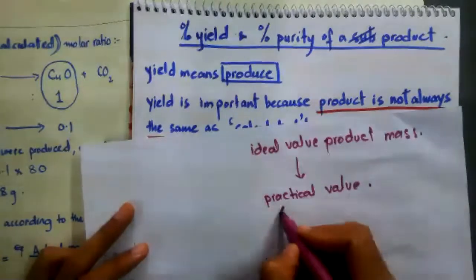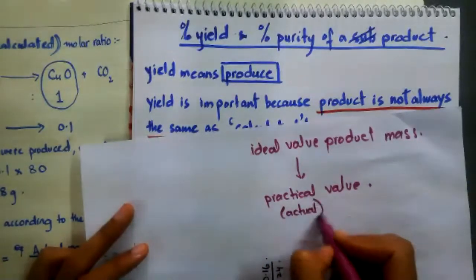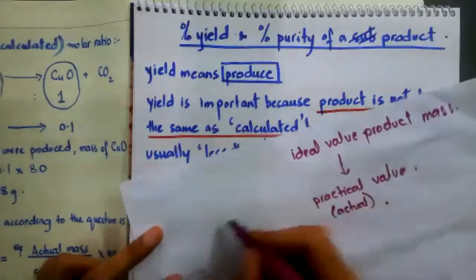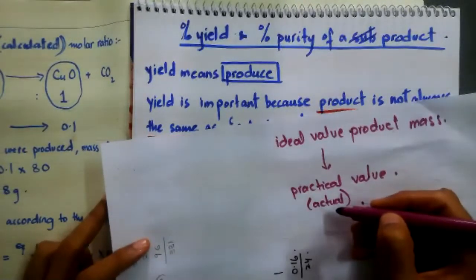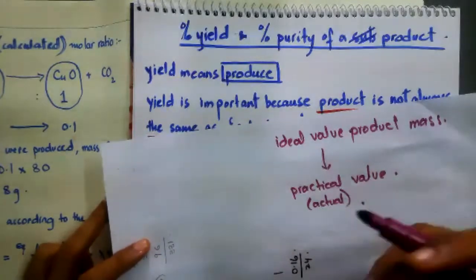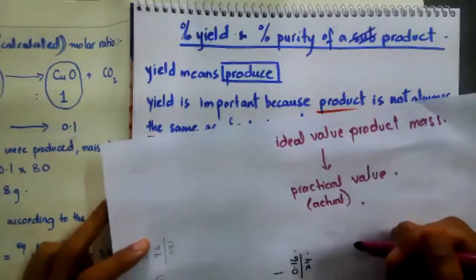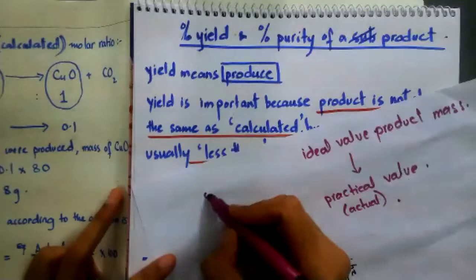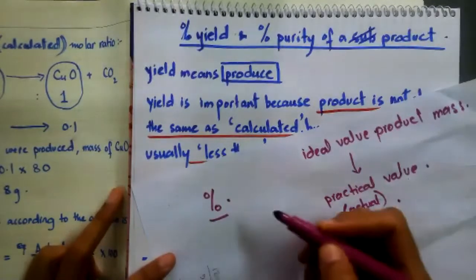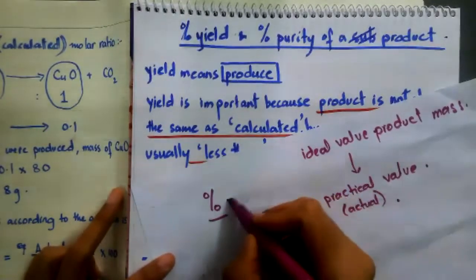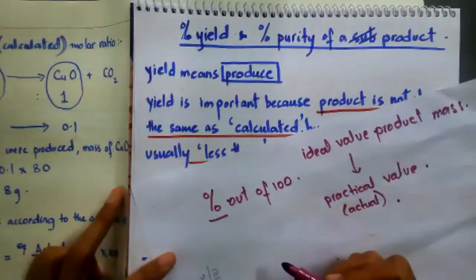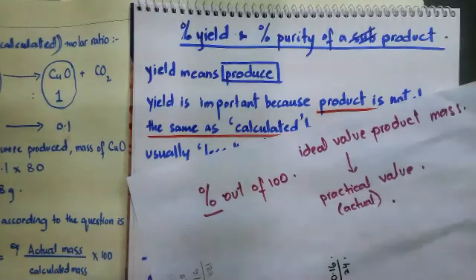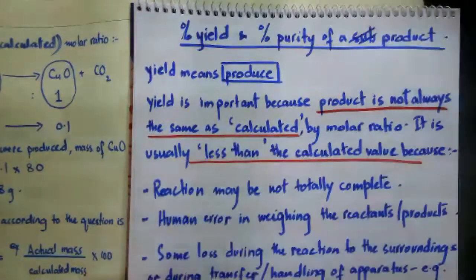The difference between the two is what we are dealing with in percentage yield. How do we calculate percentage of anything? What does the word percent mean? Percent means out of 100, right? You all must already know that. Percentage means out of 100, so that's pretty simple.